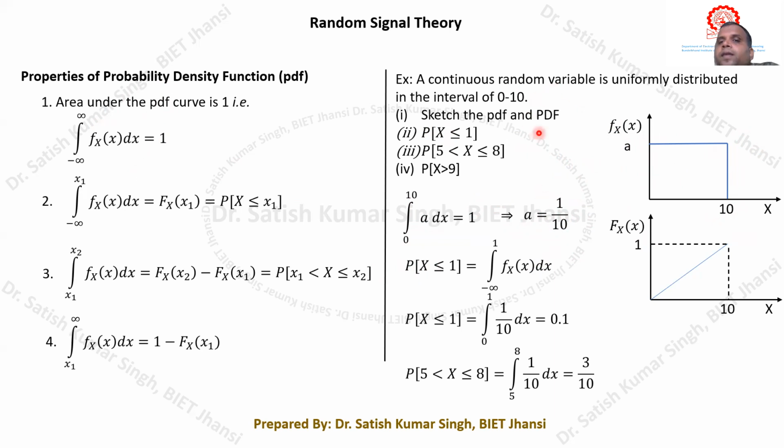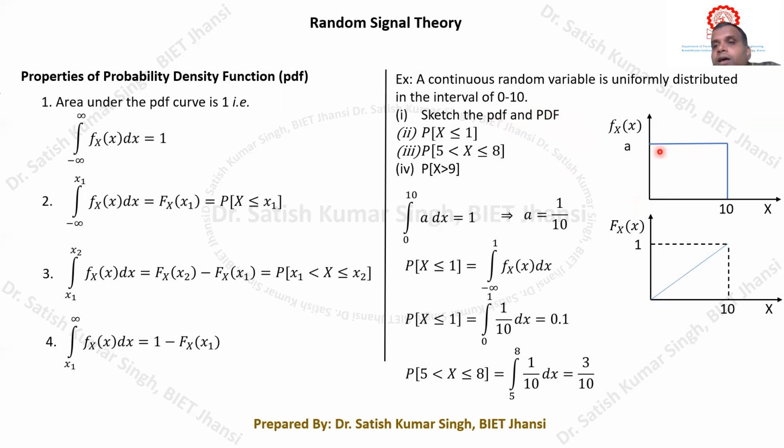Now we can calculate the PDF. This small pdf was your probability density function, and this capital PDF represents our probability distribution function. So how can this be calculated? By doing the integration, because the density is related to the differentiation of the capital PDF.